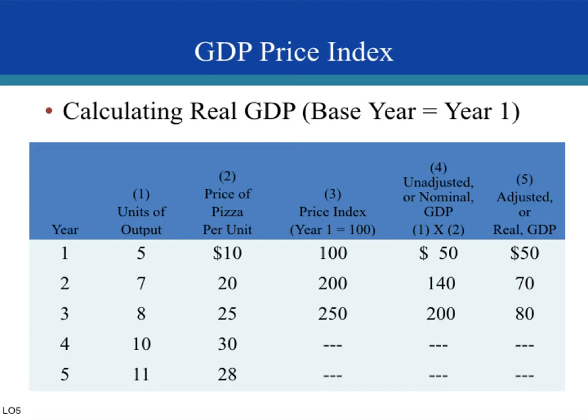For year 2, we produced 7 pizzas, but the price of pizza went up by $20. So over here we would have the price of the basket in the current year, which is $140.